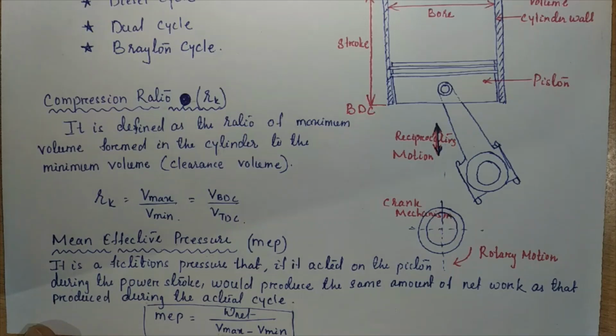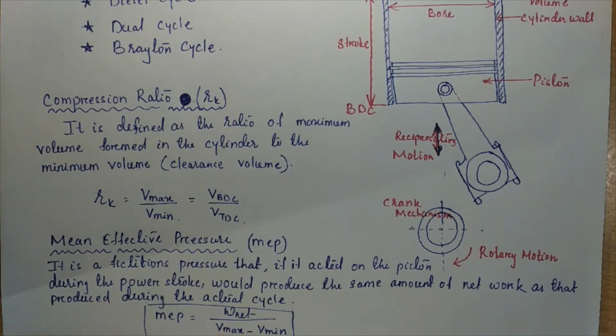Next is mean effective pressure. It is the fixed pressure that, if it acted on the piston during the power stroke, would produce the same amount of net work as that produced during the actual cycle. Or you can say it is defined as the ratio of net work done to displacement volume.